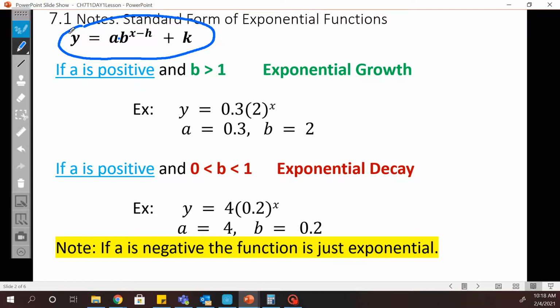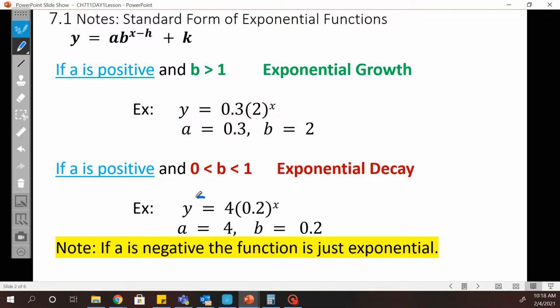This type of equation would be an example of exponential growth if the a is positive and the b value is greater than 1. For example, this equation right here would be exponential growth because the a value is 0.3 and the b value is 2. So the a value is positive and the b value is larger than 1.